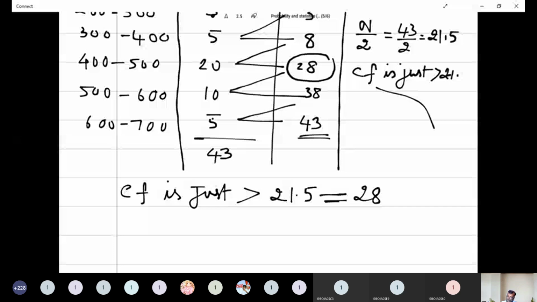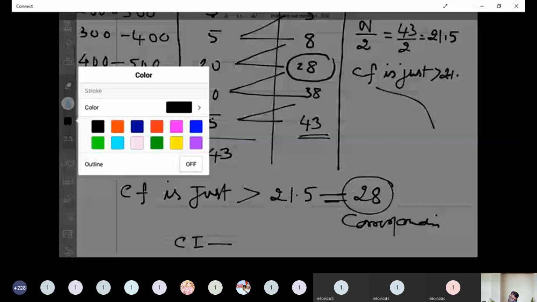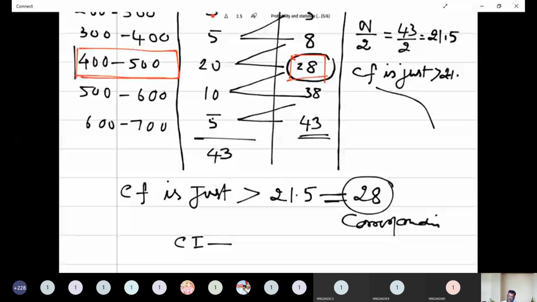Now its corresponding class interval is this one, and its frequency is equal to 20. The class is 400 to 500.